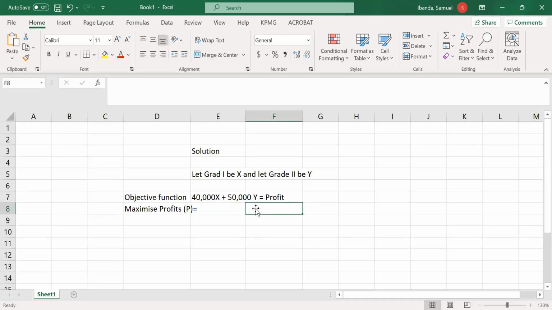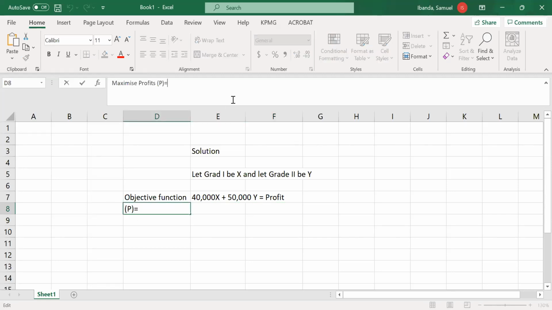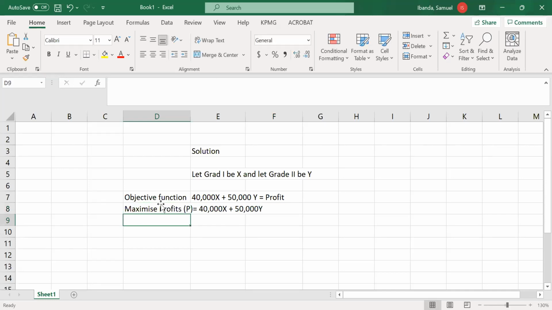Which we are saying is, let me write it here, 40,000 X plus 50,000 Y, okay? That is what we are trying to do. So that is the first thing that I'm doing.